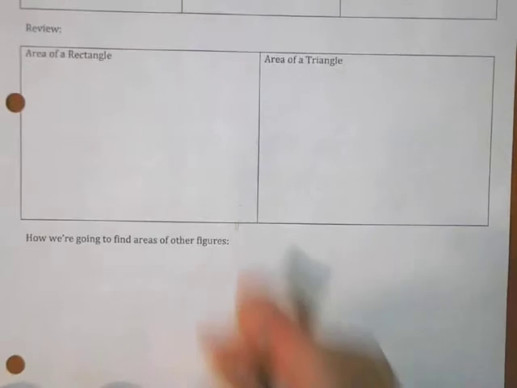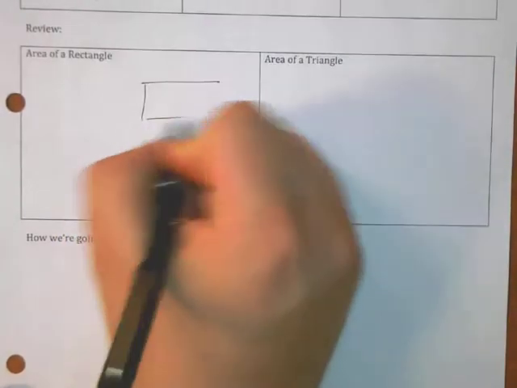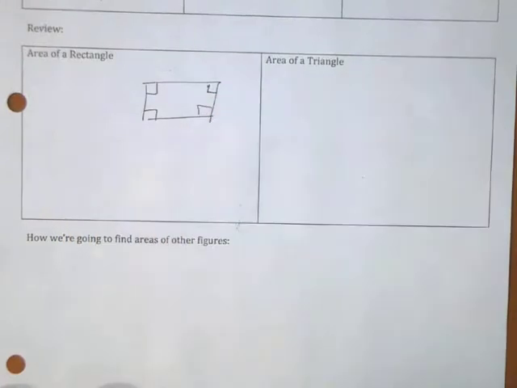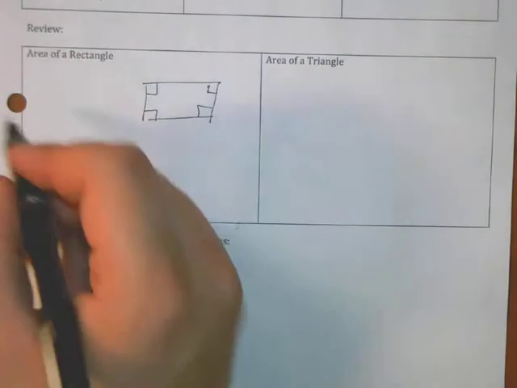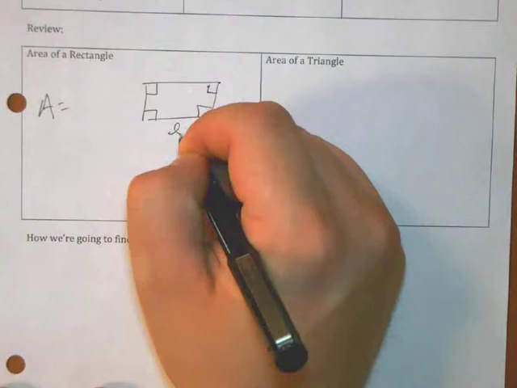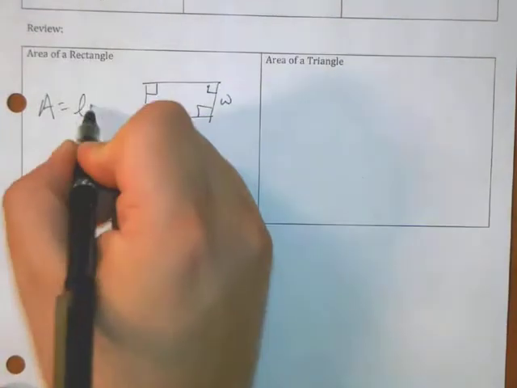Further review, area of a rectangle. A rectangle is a quadrilateral with 4 right angles. Area is equal to its length times its width.